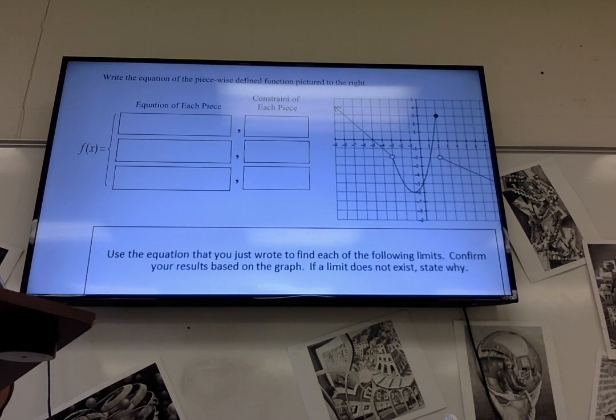Now let's go back and remember piecewise functions because these are going to come up. Yay. I know, right? It's a wonderful thing. Okay. Piecewise functions. So let's start on the far left. And you're going to start with the constraint first, maybe.